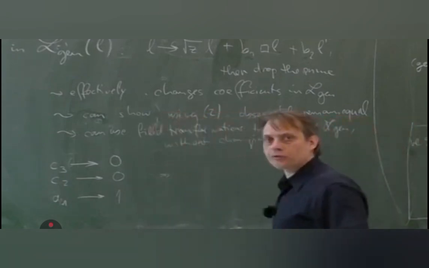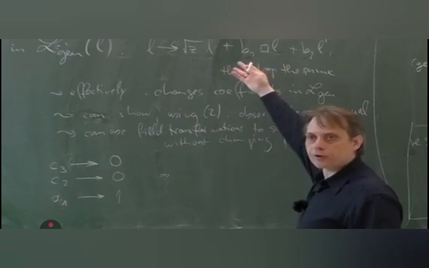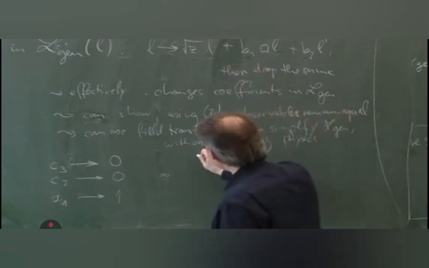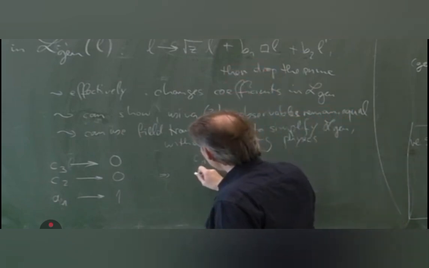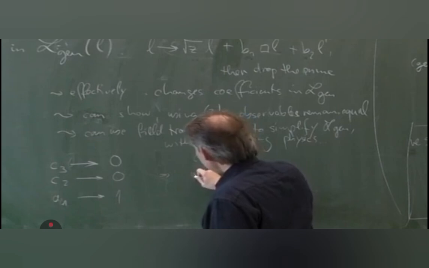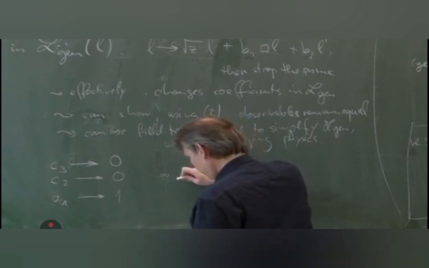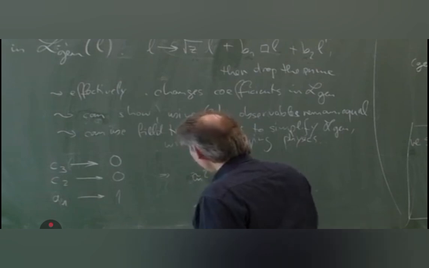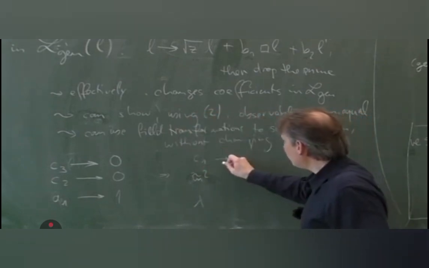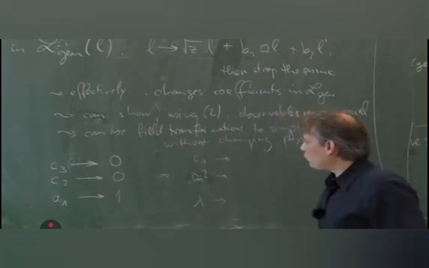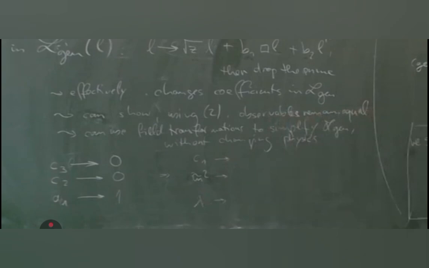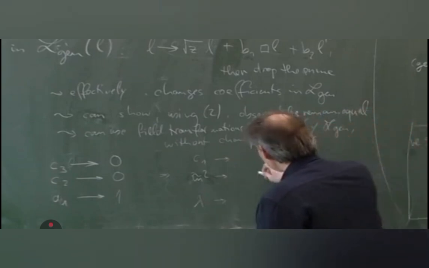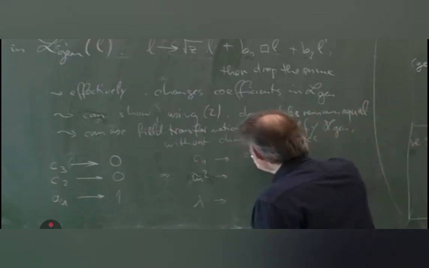Since it is fixed, you can then plug the fixed transformation into the other coefficients, C1, A1, m tilde square, and lambda. So they also change, and they change in a way which is now calculable, and let me just copy how they change, and you can see the calculation in the notes.